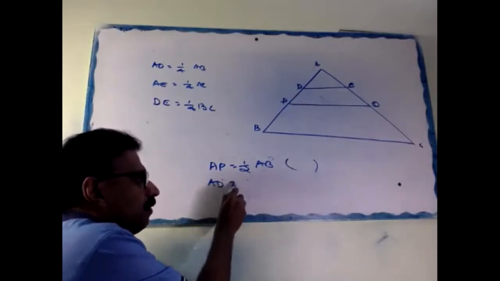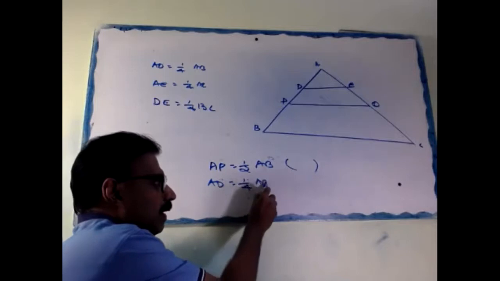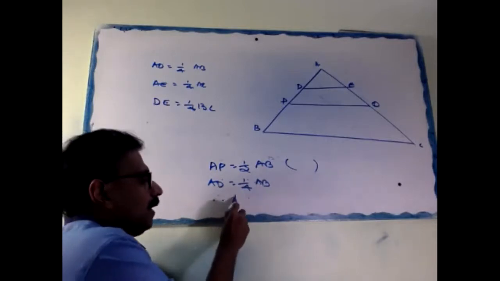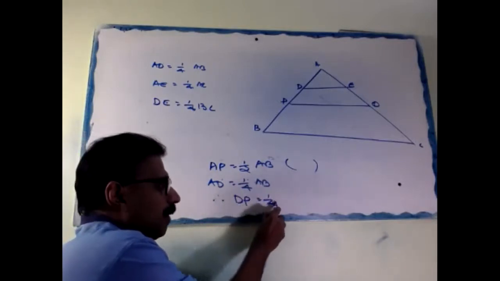AD equal to 1 by 4 AB. Therefore, DP equal to 1 by 4 AB.